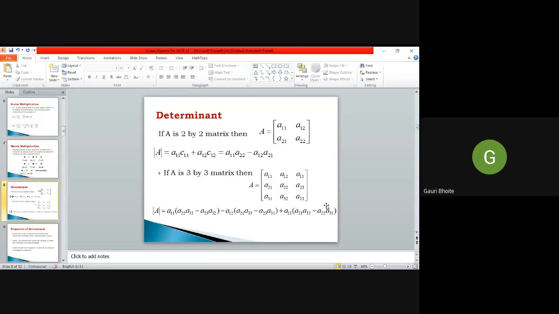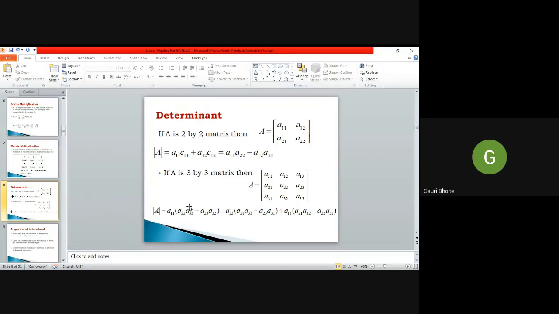Now determinant. Just to recall, if A is a 2 by 2 matrix with entries A11, A12, A21, A22, the determinant is cross multiplication: A11 into A22 minus A12 into A21.